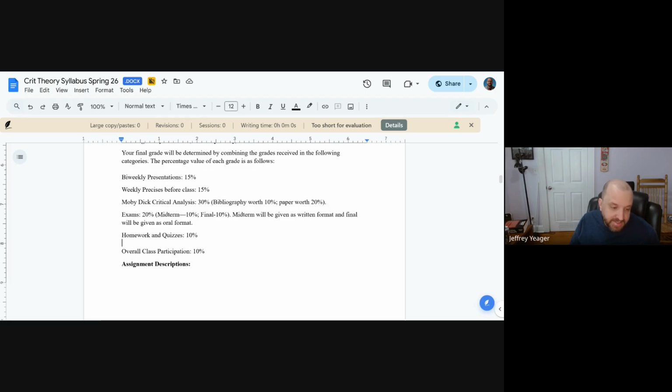So a précis is where you cite a source and then summarize the source in your own words and give a brief analysis. You guys have both taken the grammar course where I assigned précis, so you know what all goes into that. Usually every week I'll do at least 2 to 3 different theoretical readings.